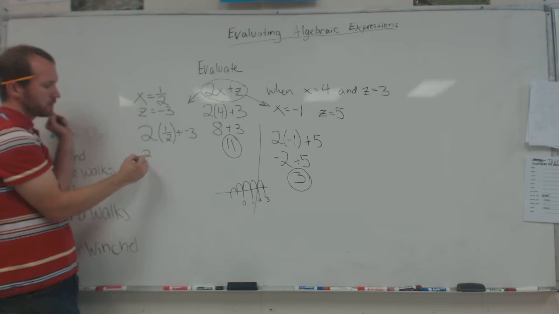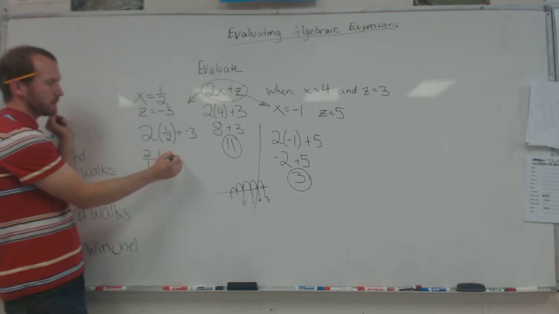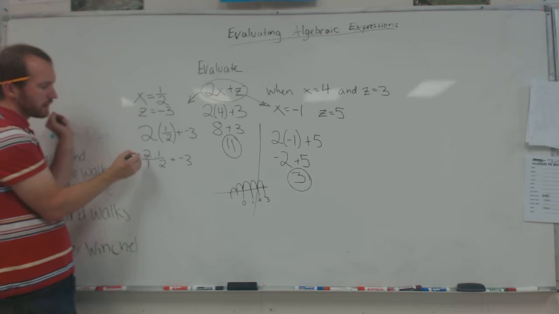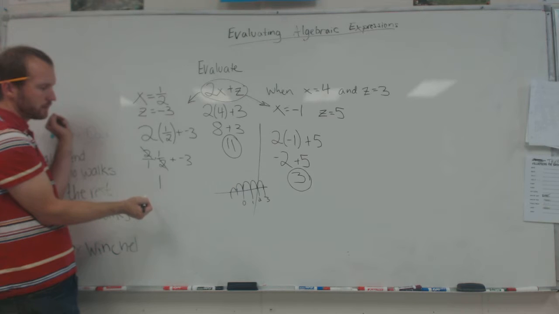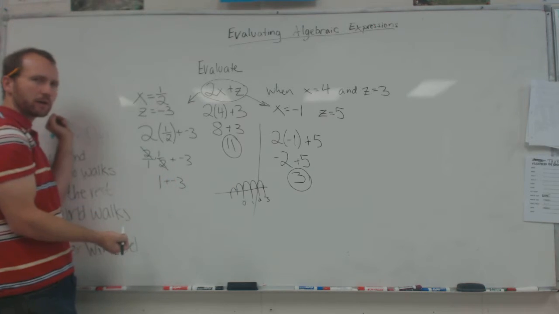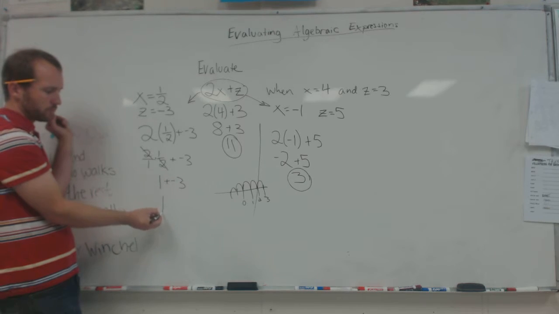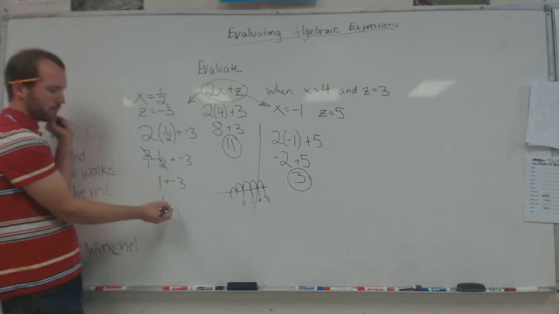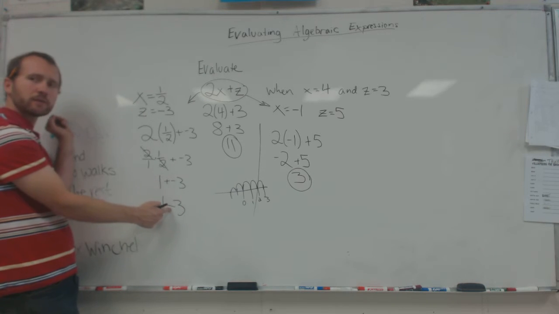Okay, so 2 over 1 times 1 over 2, if that helps you to think about this. Equals 1. Plus negative 3. Good, Luca saw that these are reciprocals. So this is going to be 1. What is 1 plus negative 3? Is there a way we could rewrite that? Plus a negative is minus, right?